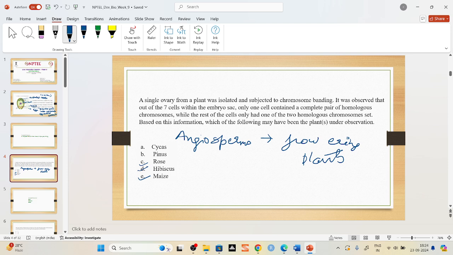What is the meaning of 7-celled and 8-nucleate? There are 7 cells, where 6 are haploid and 1, the central cell, is diploid, meaning it has 2 nuclei. So overall there are 8 nuclei, although there are 7 cells, because the central cell is diploid. So your right answer would be rose, hibiscus and maize.